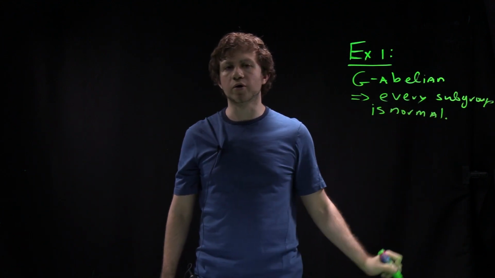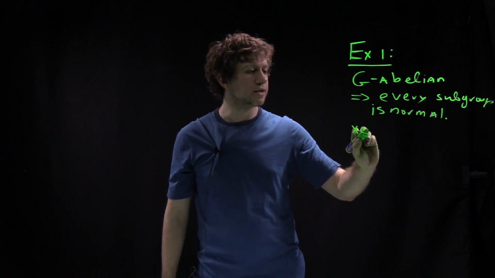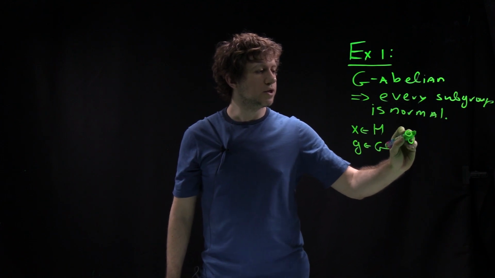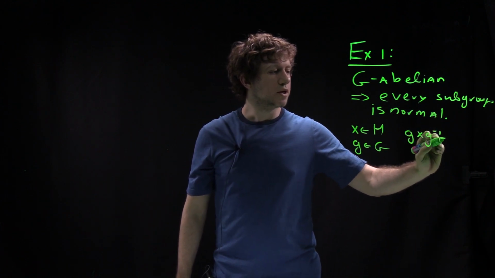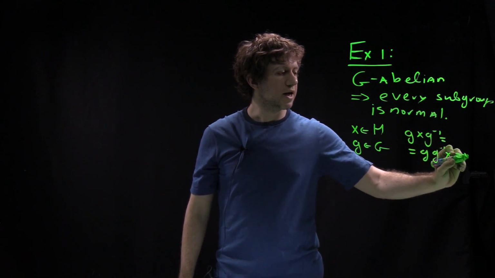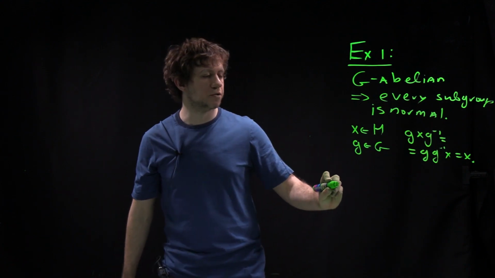And that's totally boring because of conjugation. Let me formally say: if x is in H and g is in G, then g x g inverse equals g inverse g x, which is x. As simple as that. So abelian groups are not interesting at all.